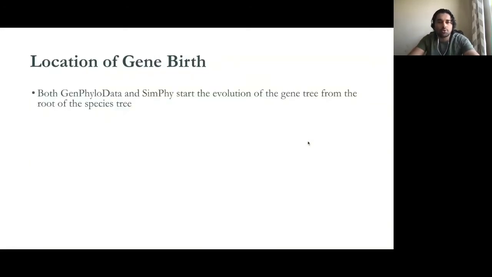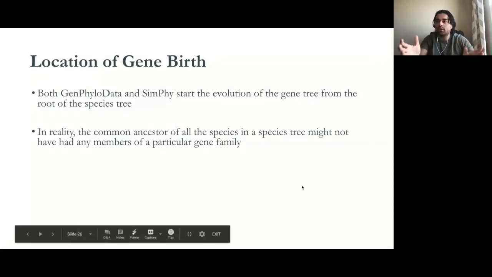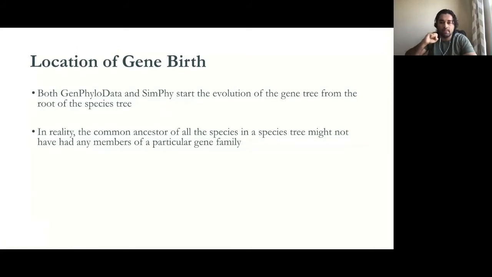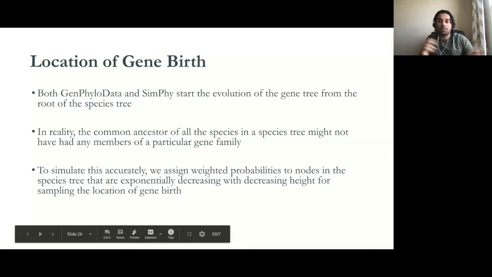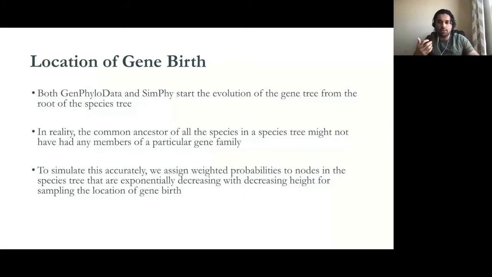And what we improved from both GenPhilo data and SaGePhy includes this location of gene birth addition, where instead of evolving the gene tree directly from the root node of the species tree, we essentially assign weighted probabilities to all the different nodes in the species tree that exponentially decrease as you go down in the height of the tree, which can be used to sample different starts of specific gene family evolution within the species tree, which would more accurately reflect what would happen in evolutionary history for a given species, set of species and gene family in reality.